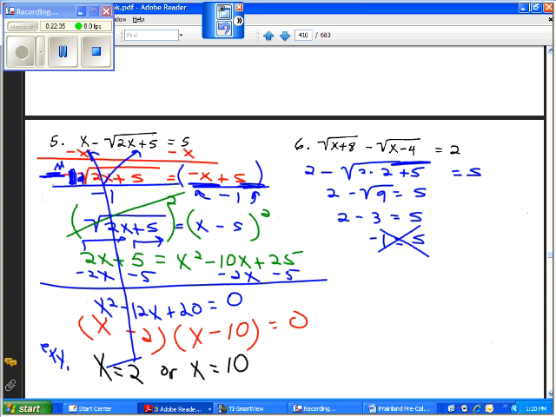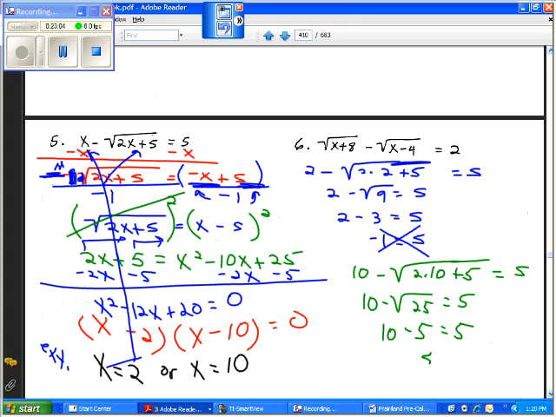And then we're going to plug in the 10. So we would have 10 minus square root 2 times 10 plus 5 equal 5. So 10 minus square root 25 equal 5. So 10 minus 5 equal 5.